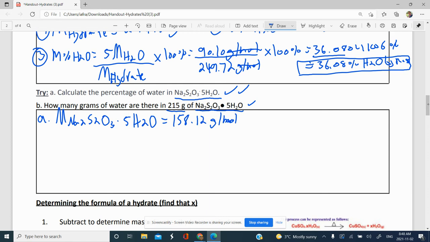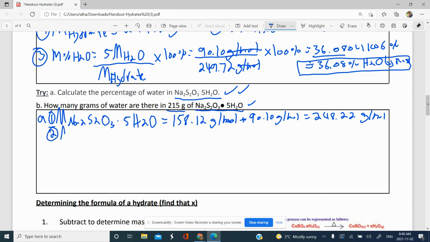That's my ionic compound part, plus the 5 waters. So 5 times 18.02 gives me 90.10 grams per mole. I add those 2 up, 158.12 plus the 90.10, and I get 248.22 grams per mole. So that's my first step, finding the molar mass of the entire compound.